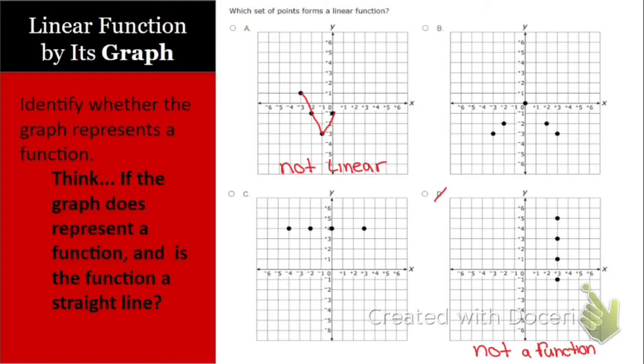Now let's look at B. Same concept. It did not connect the dots for us, so let's connect the dots ourselves. When we connect those dots, we find out that it actually formed an upside down V. So this one here is not linear either.